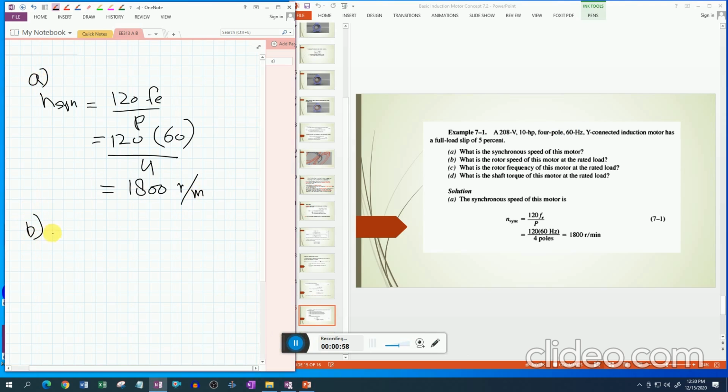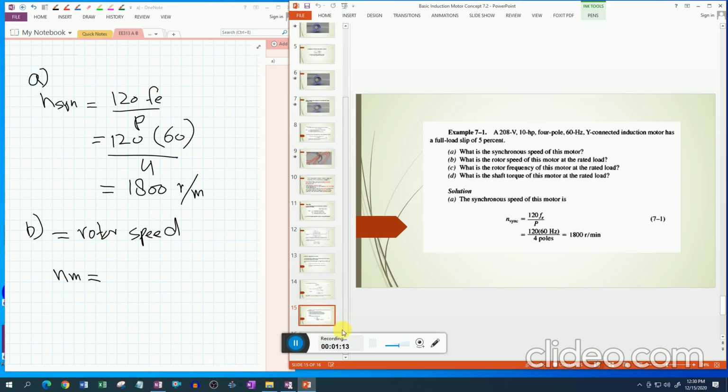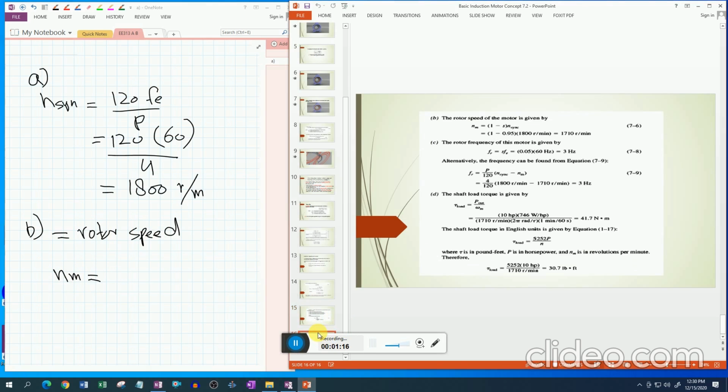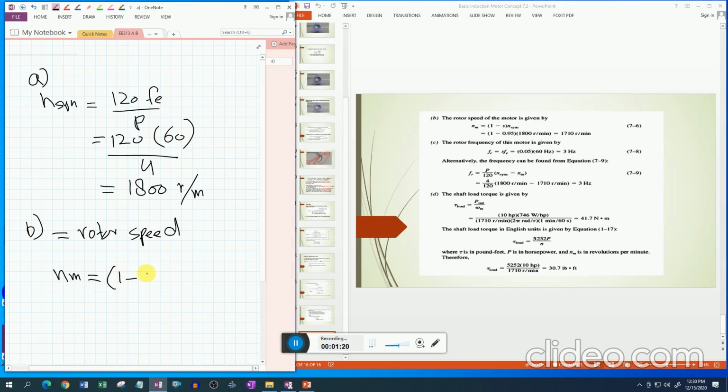In part B, it's asking what is the rotor speed. Rotor speed nm, we studied nm is equal to (1 minus s) times n synchronous.